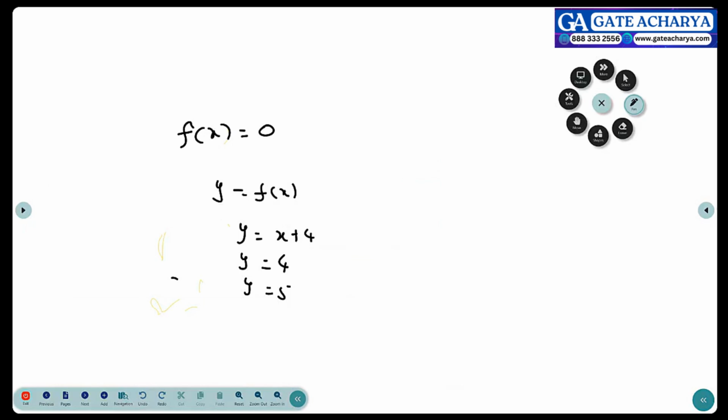So, any equation involving only one independent variable is called an ordinary differential equation. Before that, what is the meaning of differential equation? It's a function equal to 0, therefore it is called an equation. Differential equation means the function in terms of derivatives.